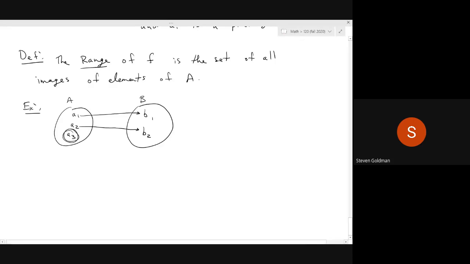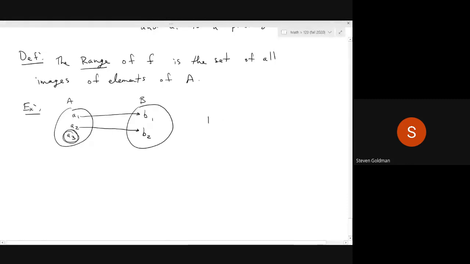Based on the definition we gave before, this is not a function, because A3 is in the domain, but it has no assignment.